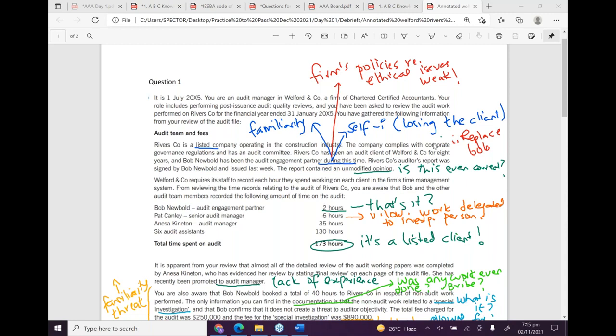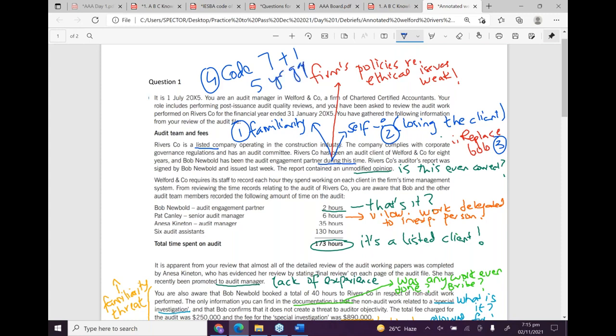Starting off with the 8-year time period. You get 1 mark for explaining familiarity, 1 mark for explaining self-interest, 1 mark for next steps, which means Bob needs to be replaced. You get 1 mark for explaining the code says listed company 7 years, 1 year flexibility, and then a 5-year gap.